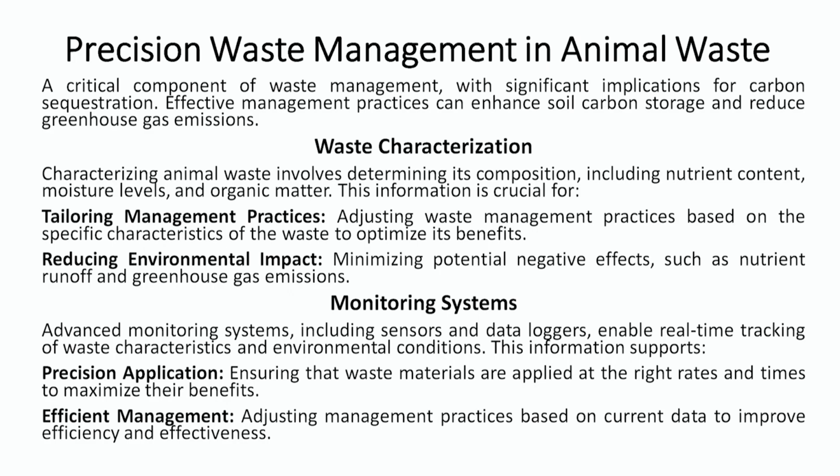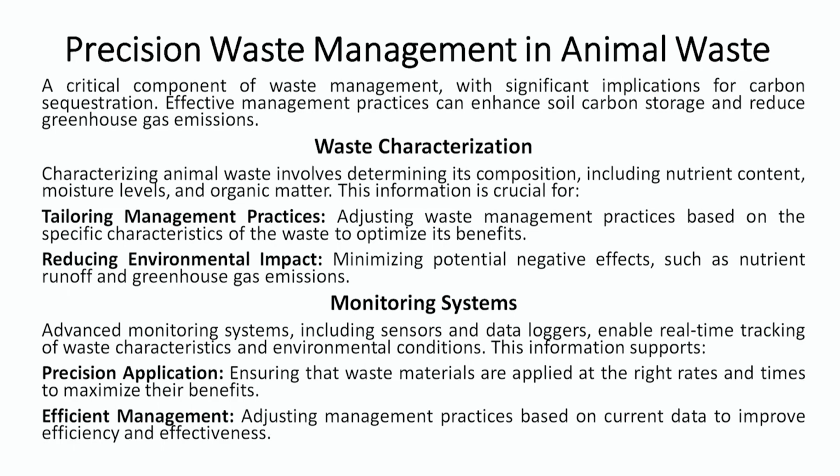Waste characterization. Characterizing animal waste involves determining its composition, including nutrient content, moisture level, and organic matter. This is very important for tailoring the management practices and reducing the environmental impact.